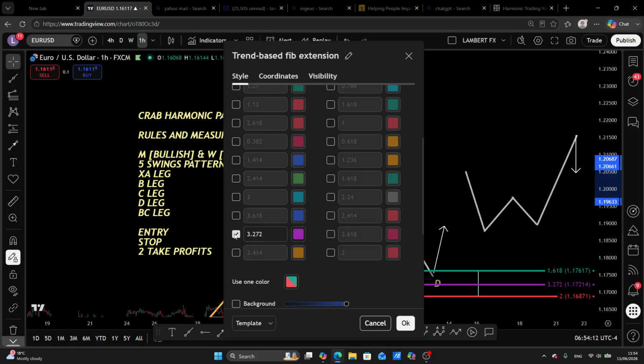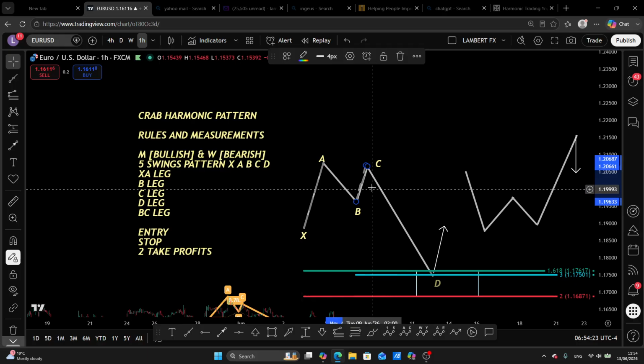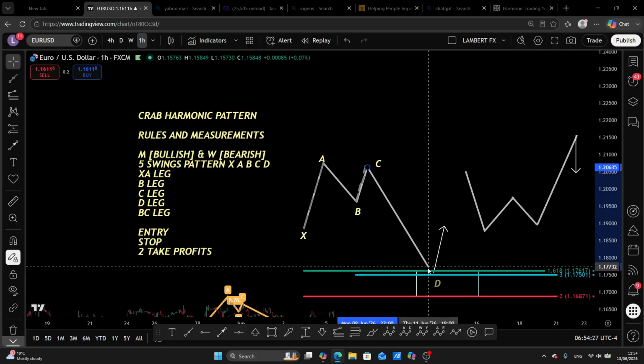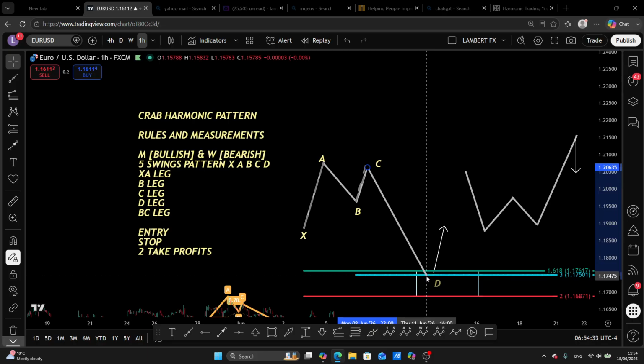Actually, that is too low. Where is my 3.0? Yeah, this looks good. 3.0 looks good. So when this market is coming down, you wait for your 1.618 to touch, and then the final fib at 3.0 to touch, for example.